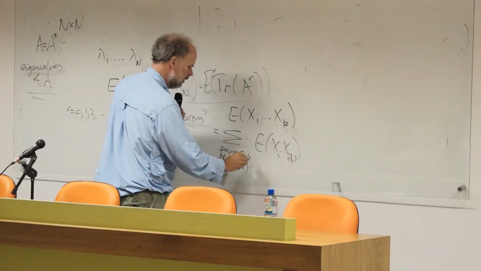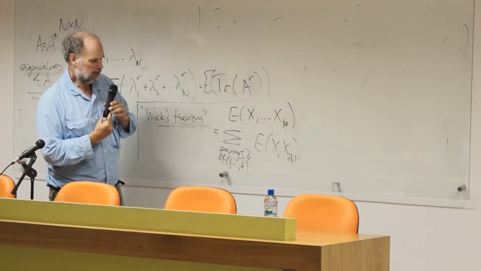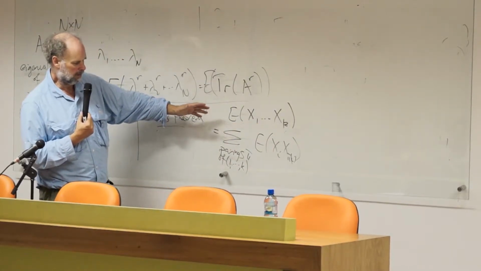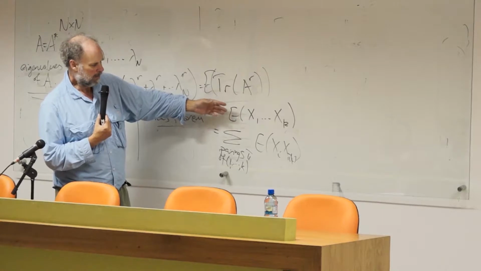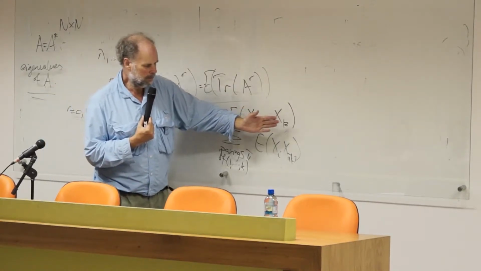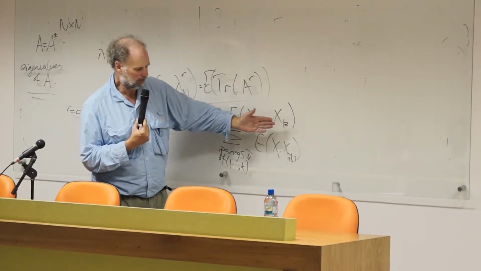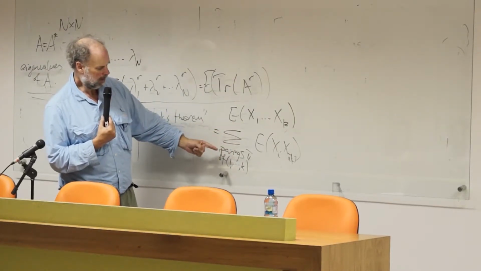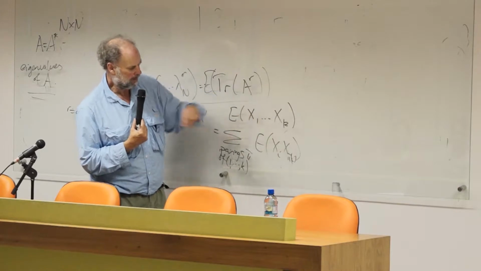So, pairings pi. Okay, so this is a classical theorem, not too hard to prove in probability or statistics or physics, that if you take a product of jointly Gaussian random variables, x1 up to xk, then the expectation value of the product is nothing but the sum over the pairings of the indices.